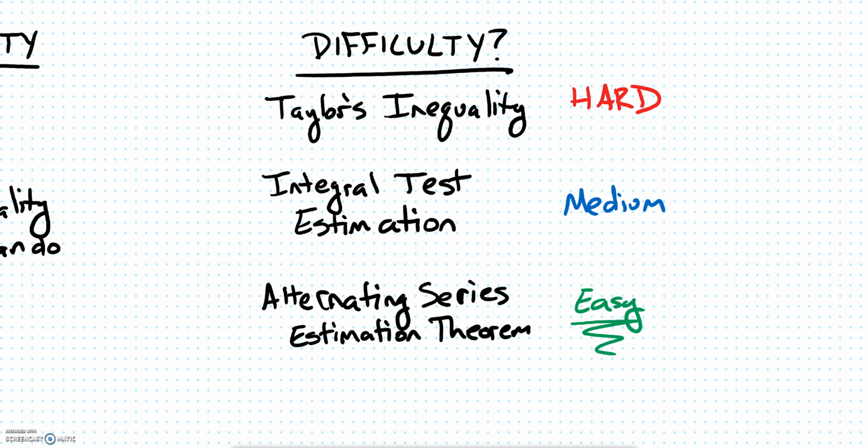If you don't have an alternating series, then if you can, try the integral test. The integral test will typically be evident to use when you can actually find an integral for your summand. Lastly, if none of those work, then Taylor's inequality will work. It's just not the easiest thing to use.